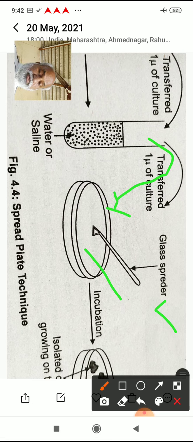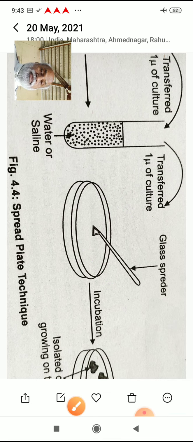Such colonies are then picked up, and their pure culture on a new petri dish is made to get uniform colonies of a particular microbe. So this is another method, that is the spread plate method. So we have seen the streak plate method, pour plate method, and now the spread plate method.